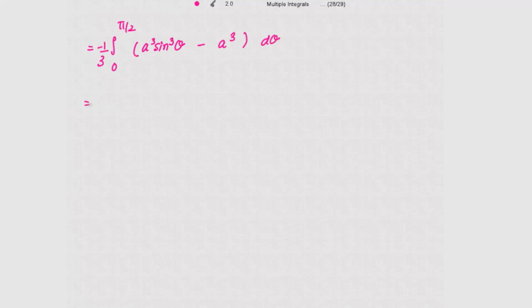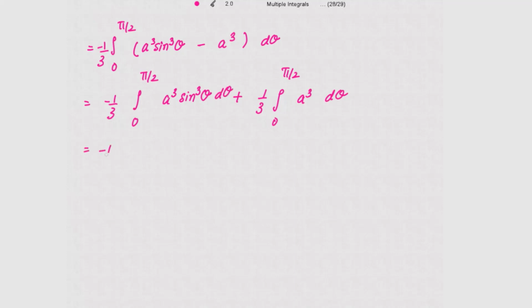And then this is equal to, please notice here, just splitting this, I'm having the integral from 0 to pi by 2 a cube sine cube theta, and I'm going to use a reduction formula here, which is very easy to use, minus a cube d theta.